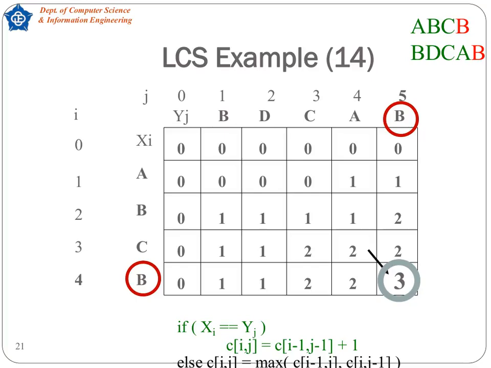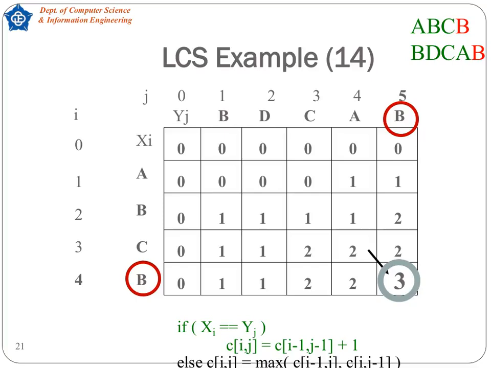Then, for every cell, we apply two simple rules. If X[i] equals Y[j], we set C[i,j] equal to C[i-1,j-1] plus 1. Otherwise, we take the maximum of the cell above, C[i-1,j], and the cell to the left, C[i,j-1].